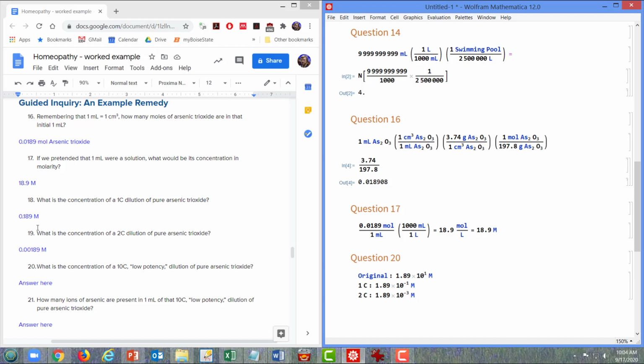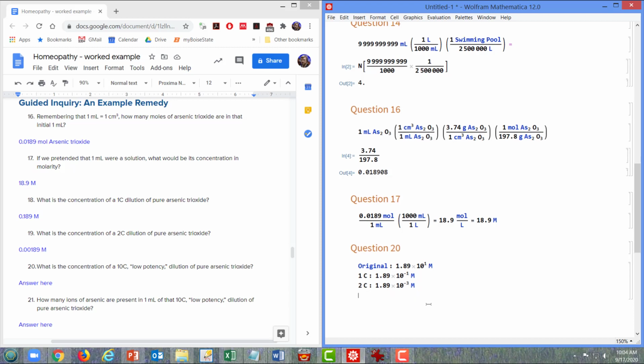Hopefully you can see that. Times 10 to the minus 1, times 10 to the minus 3. So our pattern is, this is staying the same, but the exponent is going down by 2 each time. 3C, 1.89 times 10 to the negative 5 molar.